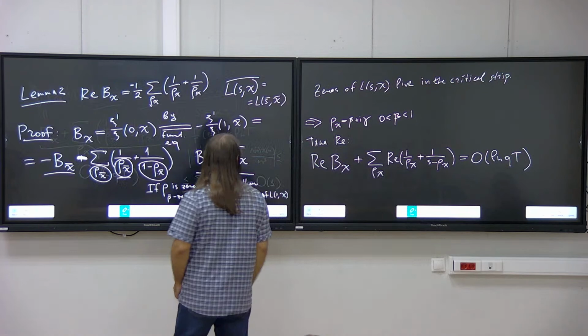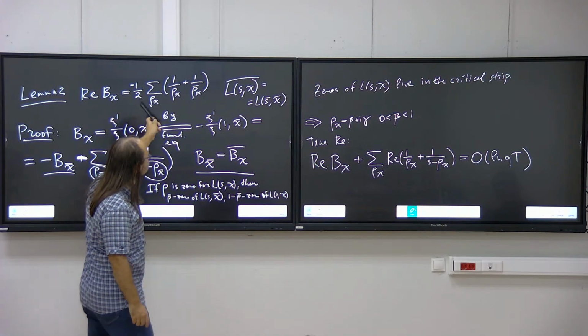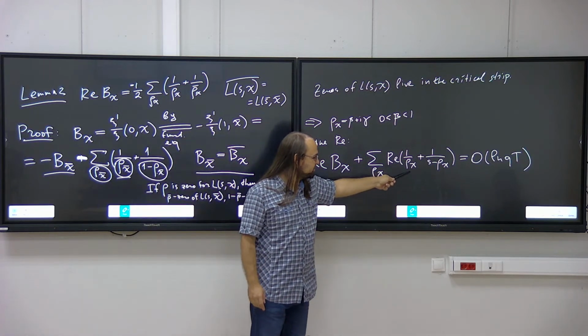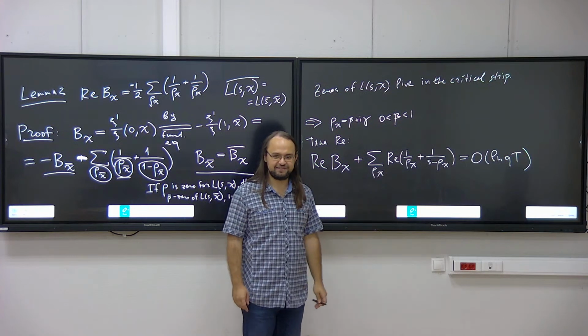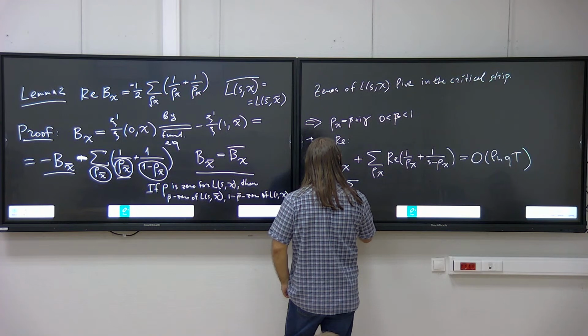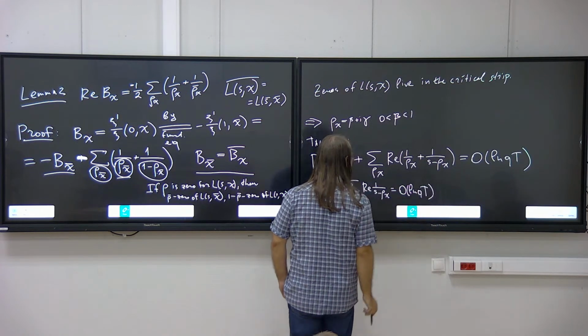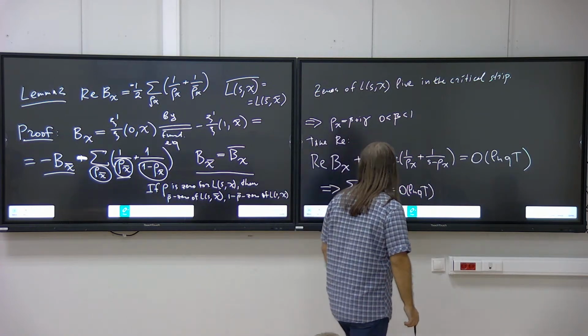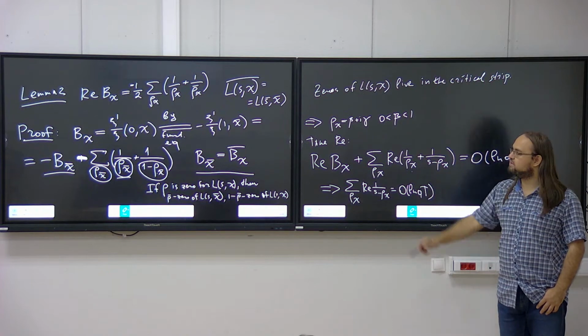But the real part of b chi will cancel out with this term, right? This is precisely the same term, but with minus. So this means that the sum over all rho chi of the real part of 1 over s minus rho chi is equal to big O of logarithm qt. And this term cancels out due to the lemma.